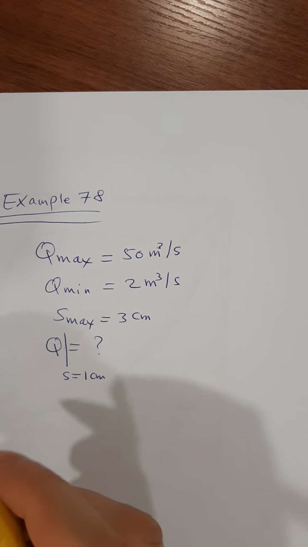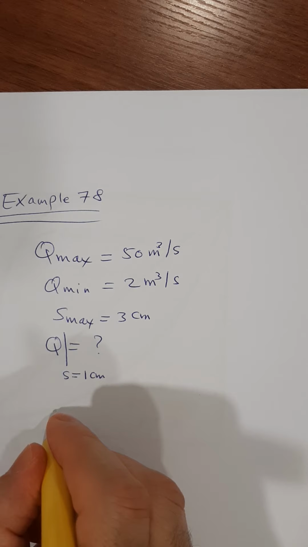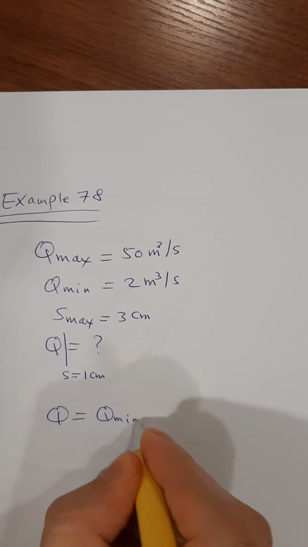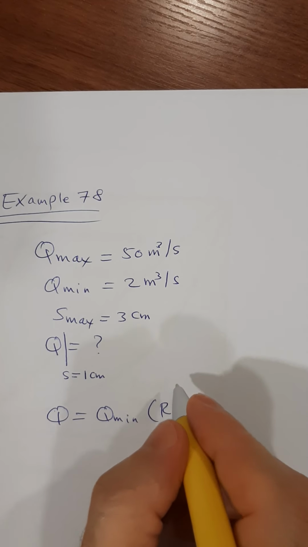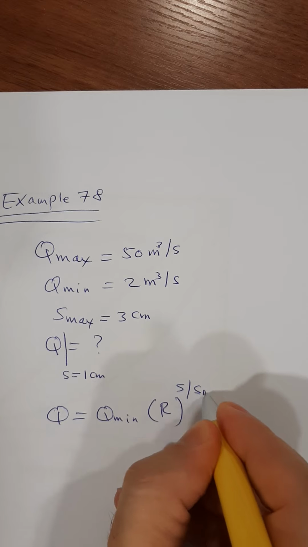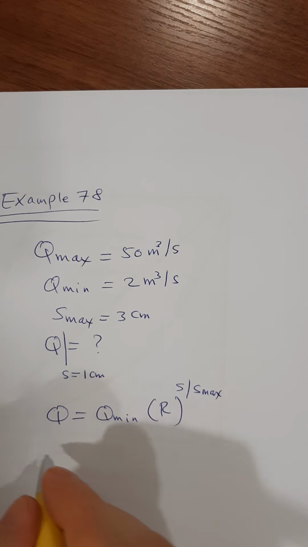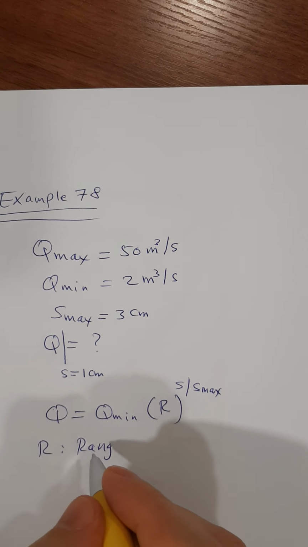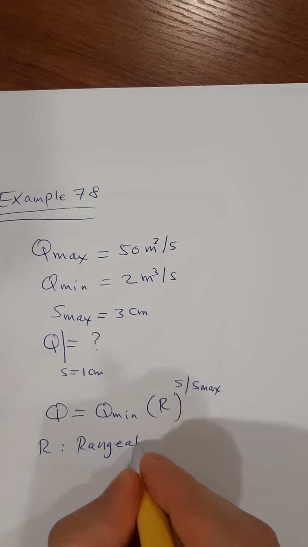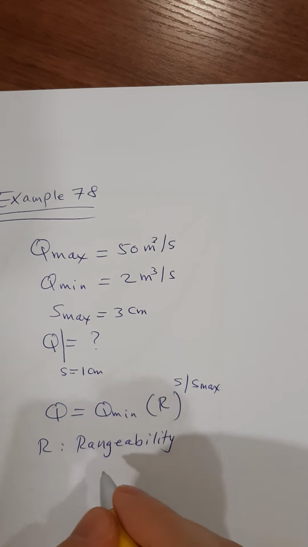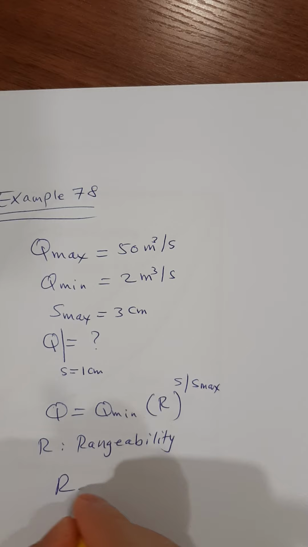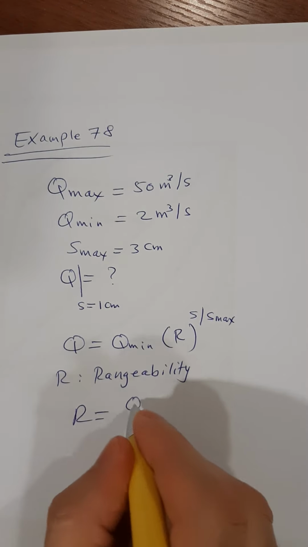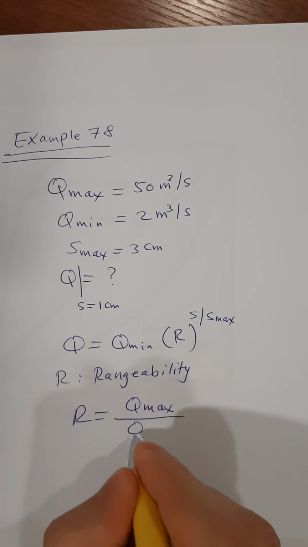We know for an equal percentage valve, Q is equal to Q minimum times R to the power S over S max. R is called the rangeability, and is equal to Q max over Q minimum.